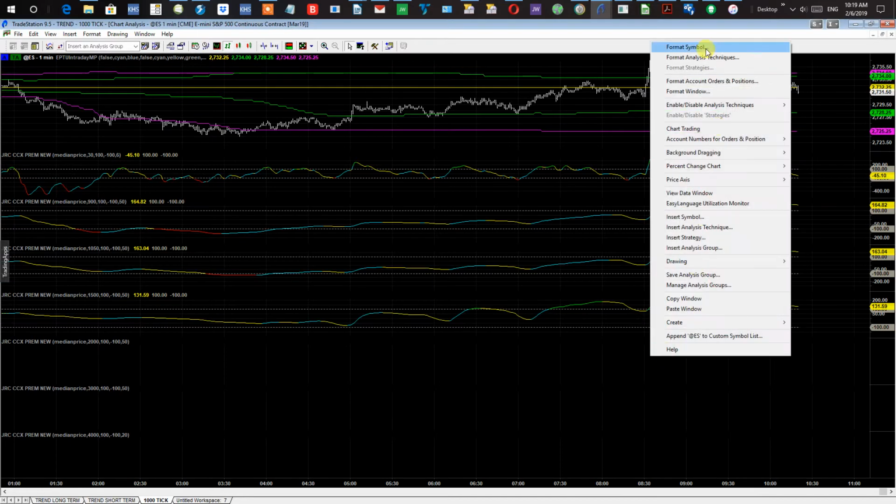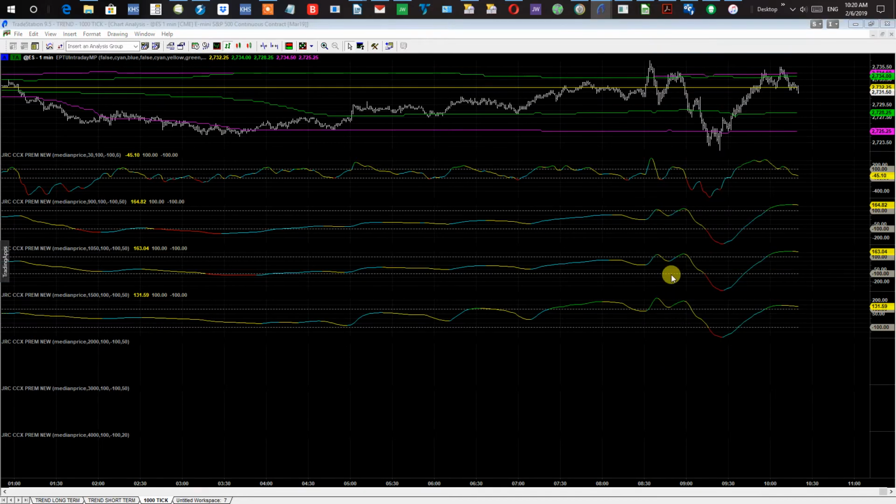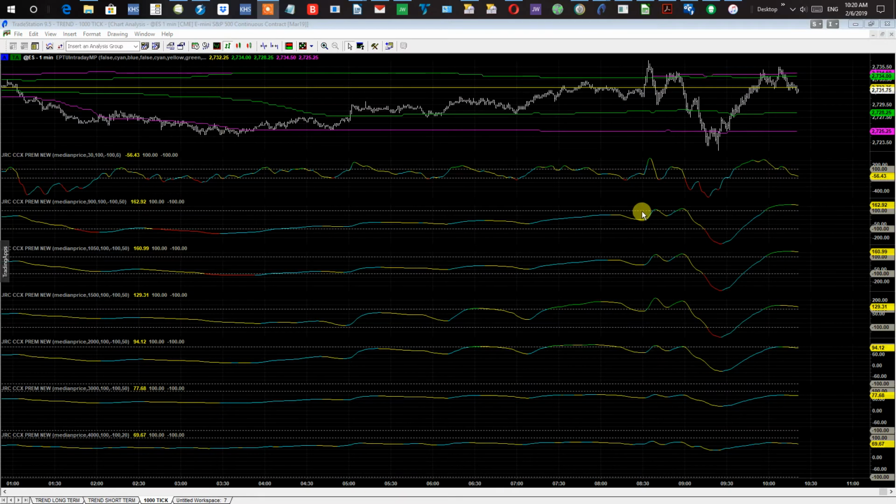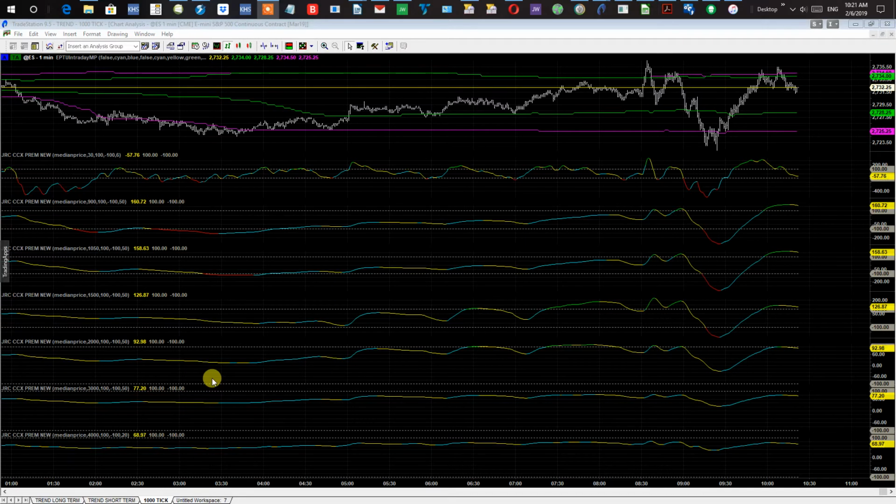And in fact, because I adjusted this, let me take this back just a little further so you can see. All right, so now we've got the full spread here. And again, the CCX indicator needs to be above 100, but I choose which of the CCX settings I want to use.